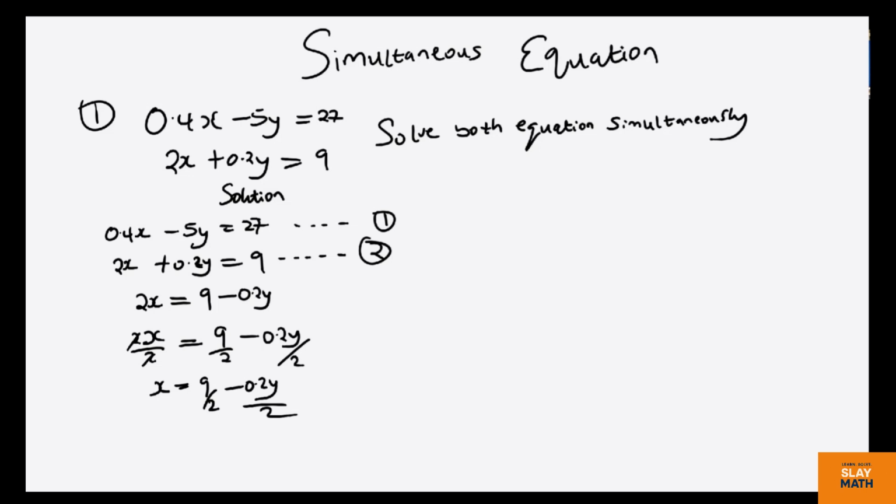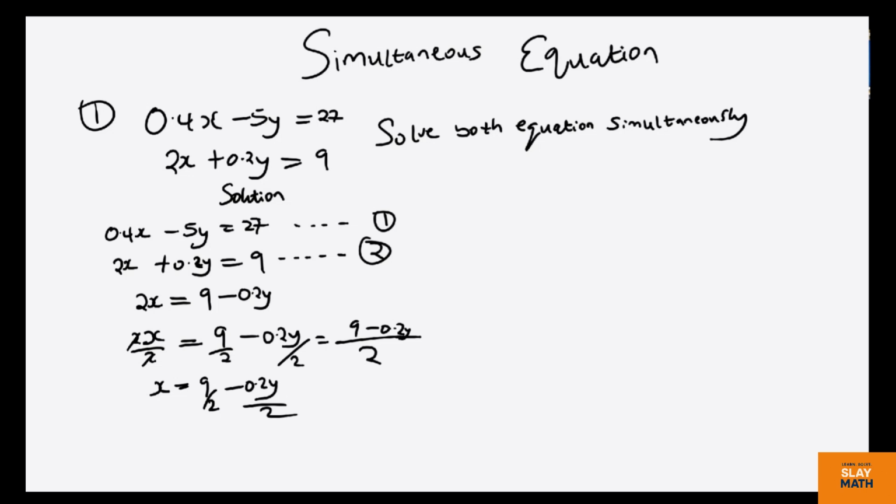Or we can write it together this way: 9 minus 0.2y, all over 2.